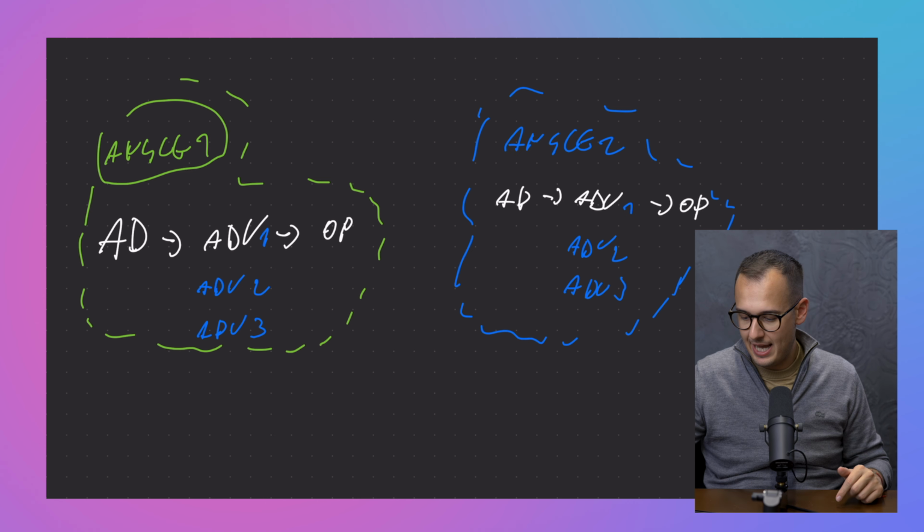So for example, let's just focus on the advertorials. If I have 3 advertorials, ADV1, ADV2, and ADV3, then you can run every advertorial with 33.33% of the traffic.